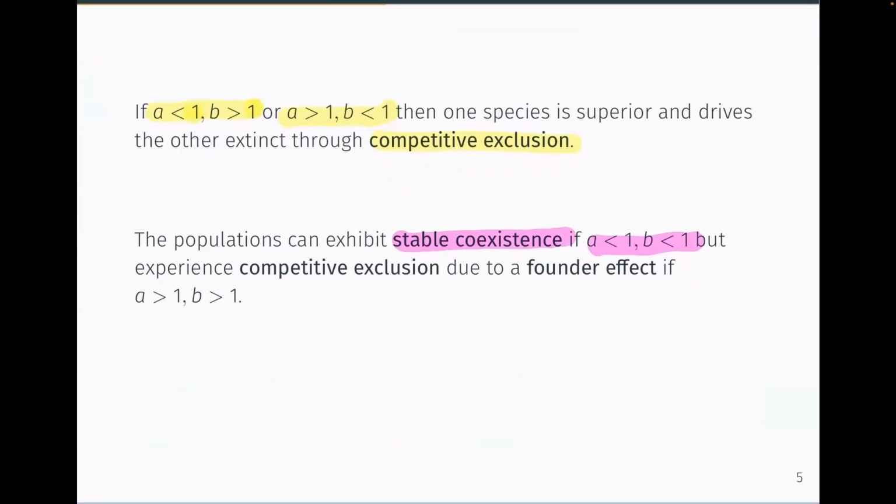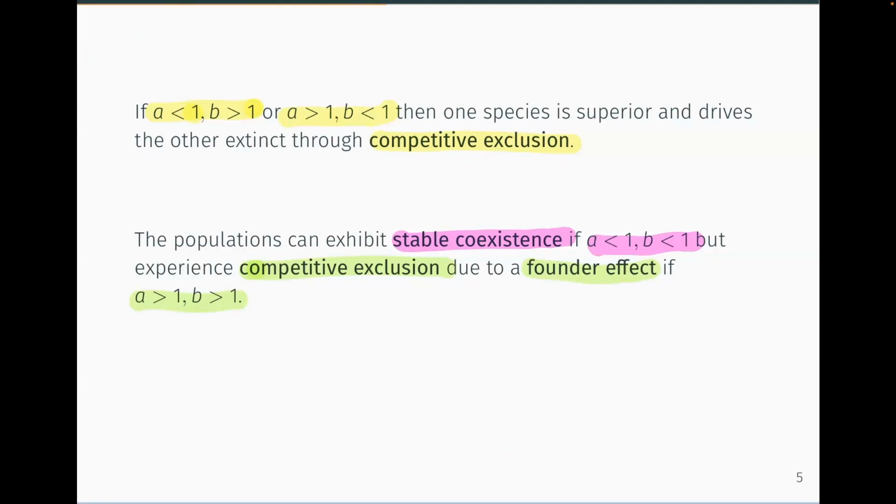But we get competitive exclusion again if A and B are greater than 1, but this time it occurs because of something called a founder effect. A founder effect is basically where your initial conditions determine your outcome. So the species that by and large has more individuals to start with ends up winning.